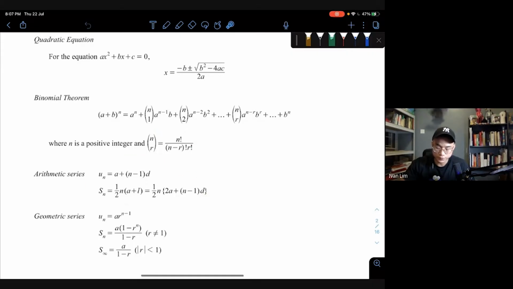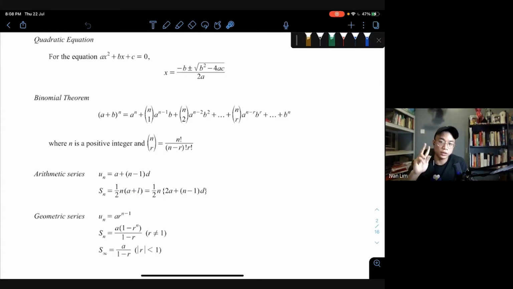Arithmetic series. So there are 2 formulas for arithmetic, 3 formulas for geometric. Arithmetic, to find your term is a plus n minus 1 d. To find your sum, we normally use this formula, half n bracket 2a plus n minus 1 d, or we can use this also, but we seldom use it unless they give you the last term, half n bracket a plus l.